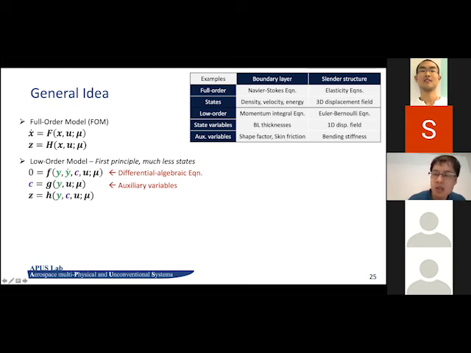A similar story holds for a slender structure, where from undergrad structural classes, you probably know that since it's slender, we just make it an Euler-Bernoulli beam, which is just a 1D problem, as opposed to the three-dimensional elasticity equations, which require you to resolve a three-dimensional displacement field.